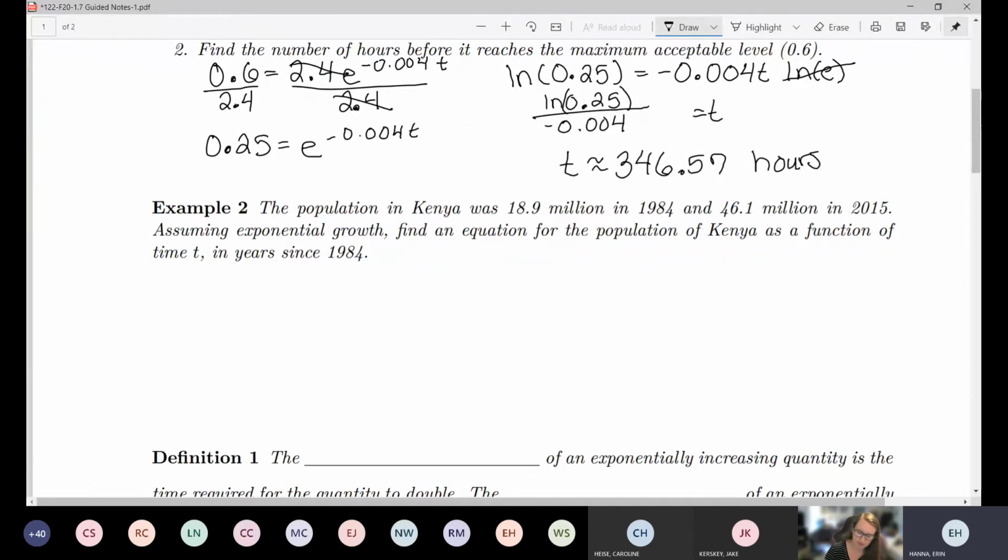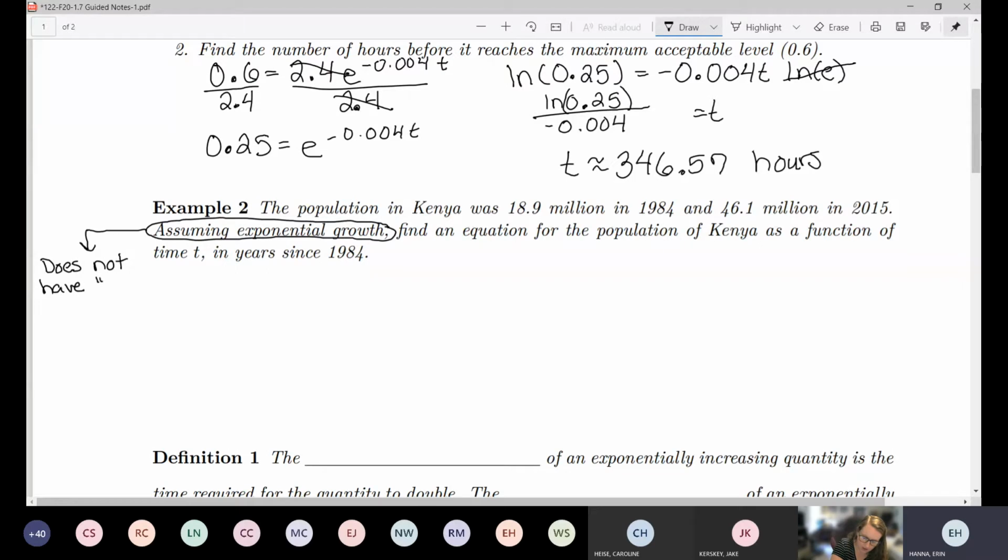I want to make a note of something. It says assuming exponential growth. This does not have the word rate or the phrase continuous rate.